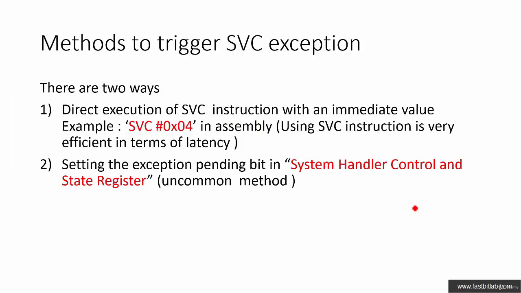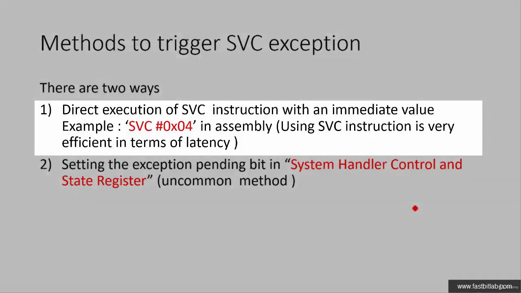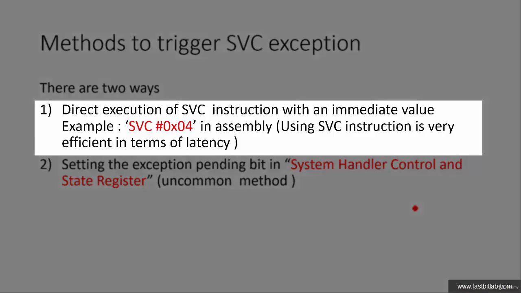How do you trigger the SVC exception? There are two ways to trigger it. The most common one is direct execution of SVC instruction with an immediate value. For example, SVC 0x4. Here 0x4 is called an SVC number or SVC argument. And you have to execute SVC instruction in a C program using inline assembly code.